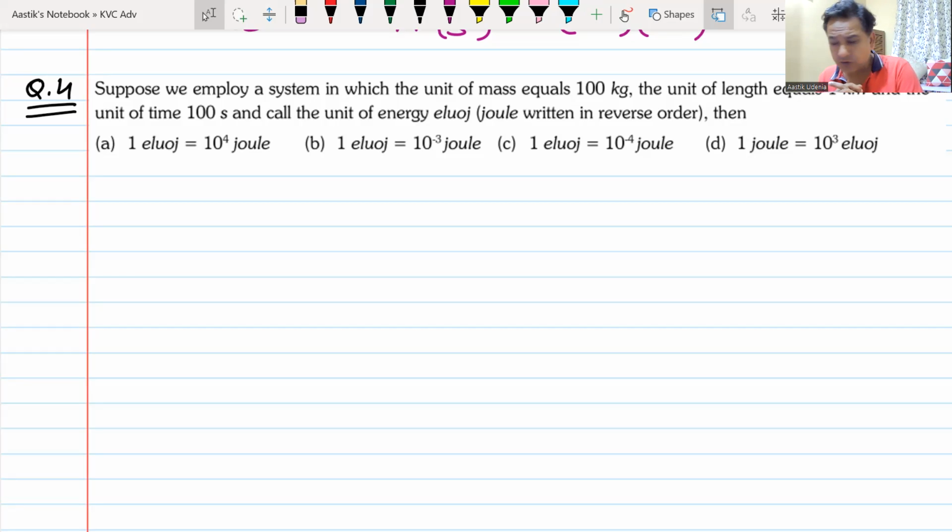A, B, C, D, 4 options are there. And what I can see, all 4 cannot be correct. Even 2 cannot be correct. Only 1 can be correct.